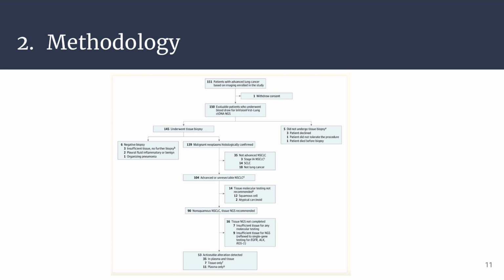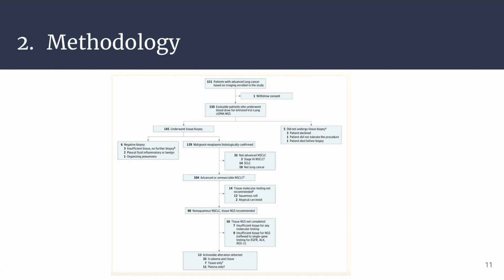The patient's diagnostic workup continued per institutional standard, including the mandatory diagnostic tumor tissue biopsy, and patients with confirmed non-small cell lung cancer had reflex molecular testing, including the tissue NGS for non-squamous non-small cell lung cancer.